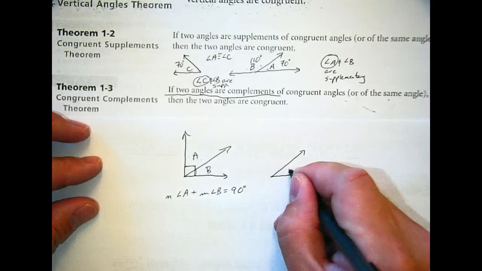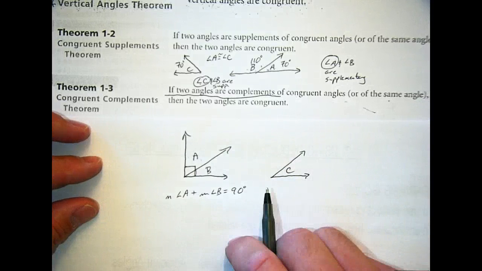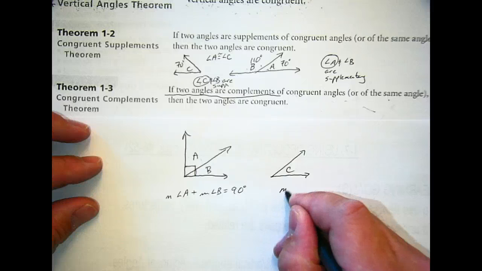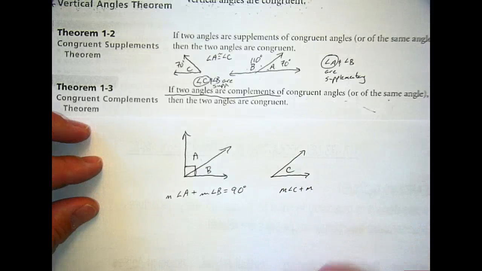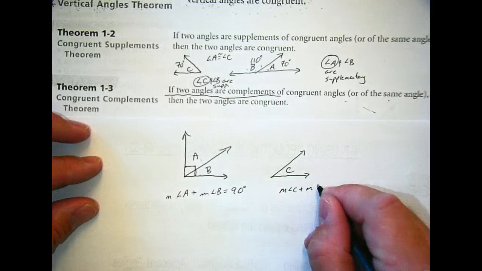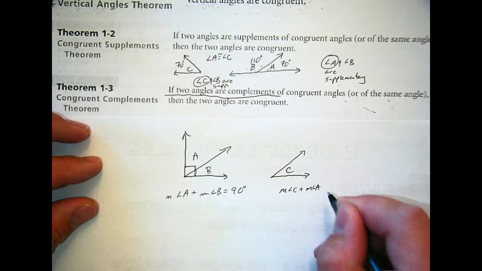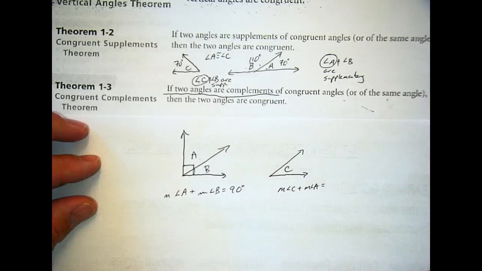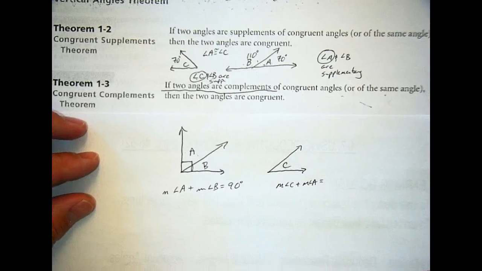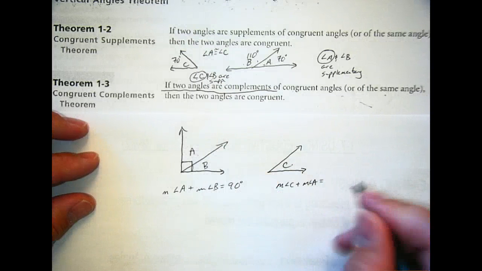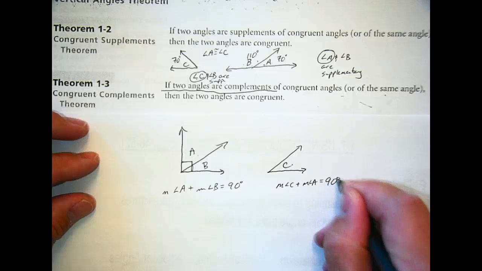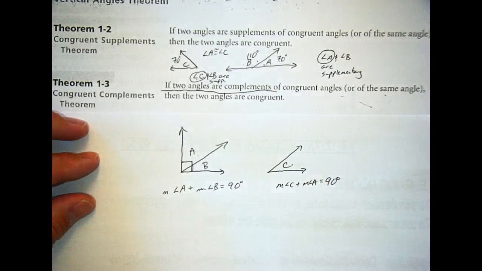C. All right, angle C. And the measure of angle C plus the measure of angle A equals B. So this angle plus this angle are going to add up to what? 90. Okay.